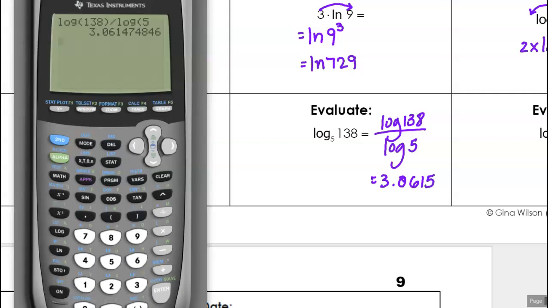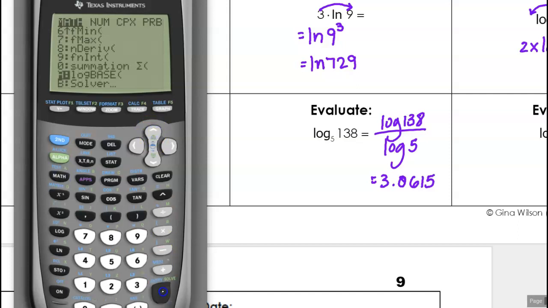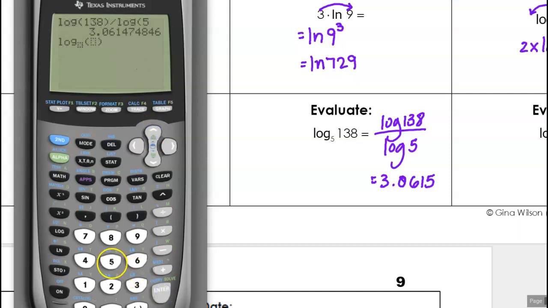But like I said, if you have a newer calculator, you just press math and you go to log base, and then you can do 5, 138, and you get the exact same.